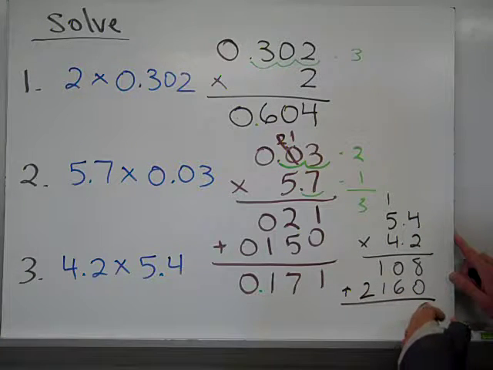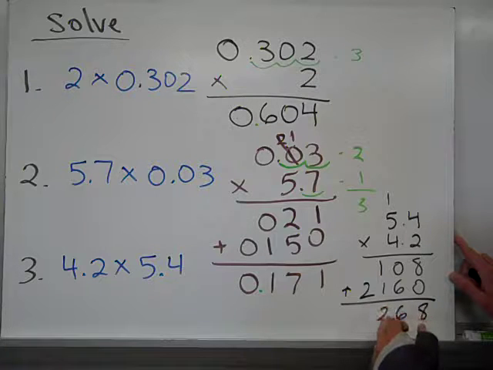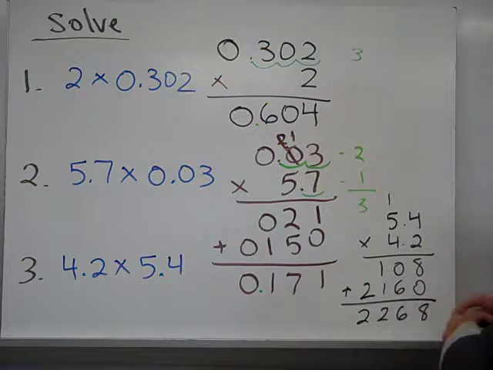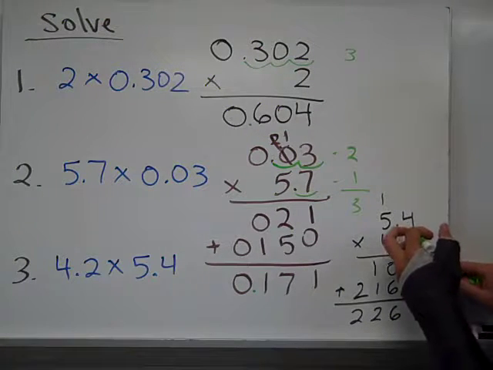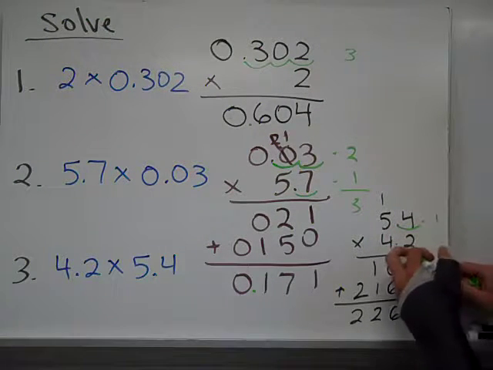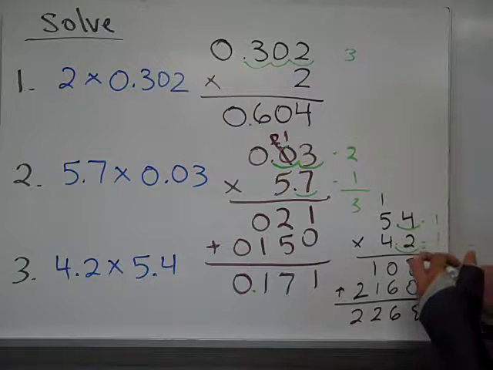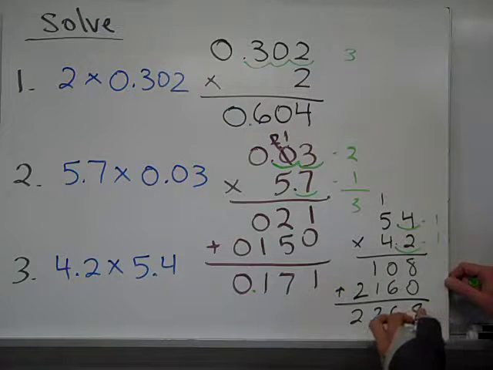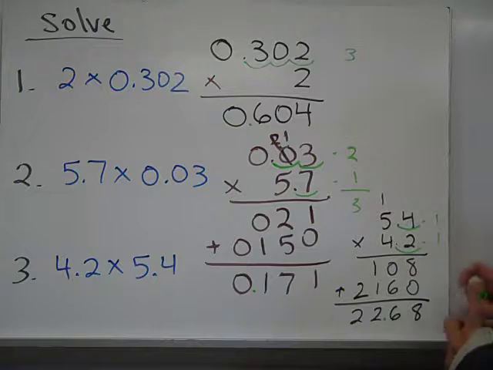Add it up: 8, 6, 2, 2. Alright, let's count that place value. We're going to count it out. 1, 1. That equals 2. 1, 2. The decimal point goes right there.